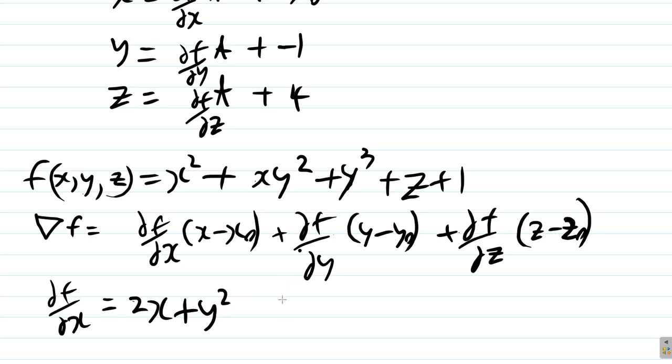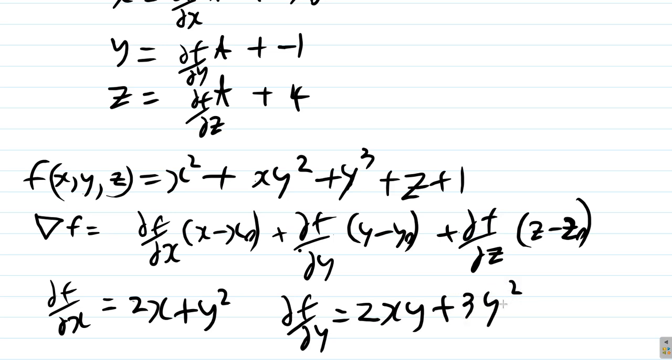Alright. And after that, the partial derivative of the function with respect to y is going to be, from this part here, 2xy plus, from this part now, 3y squared. Right? That's what you got, right?